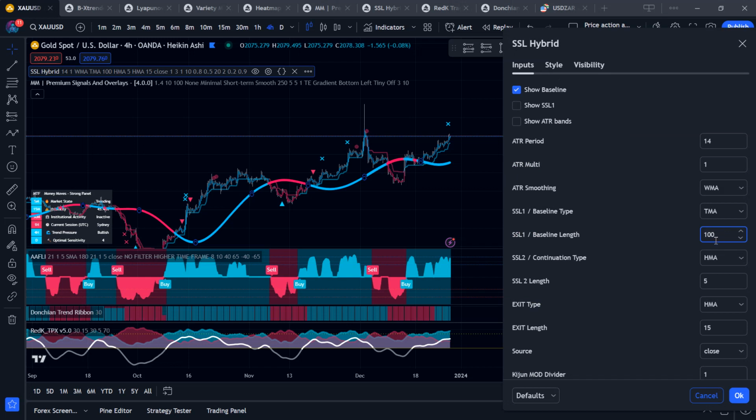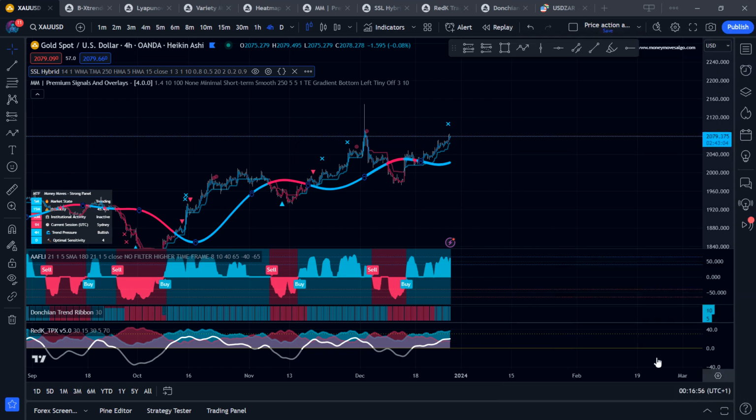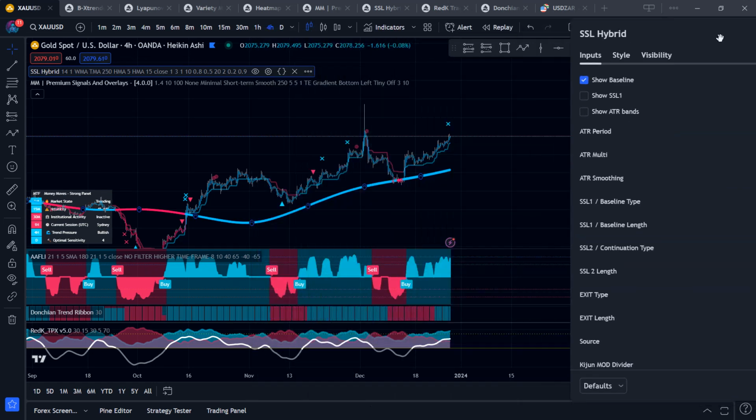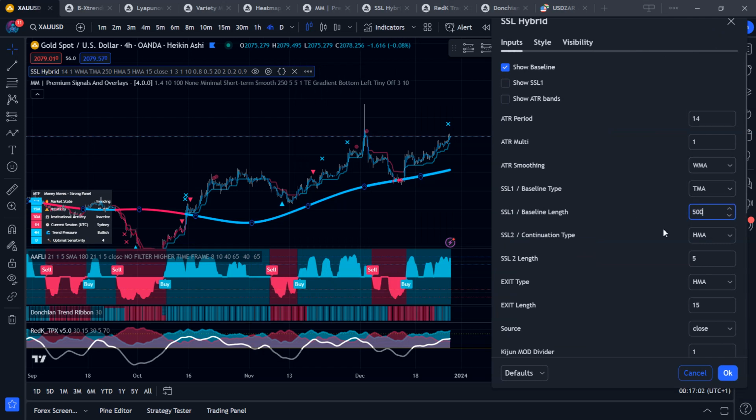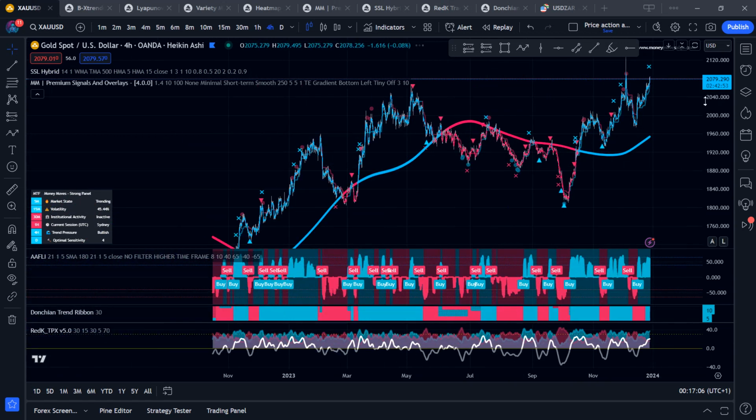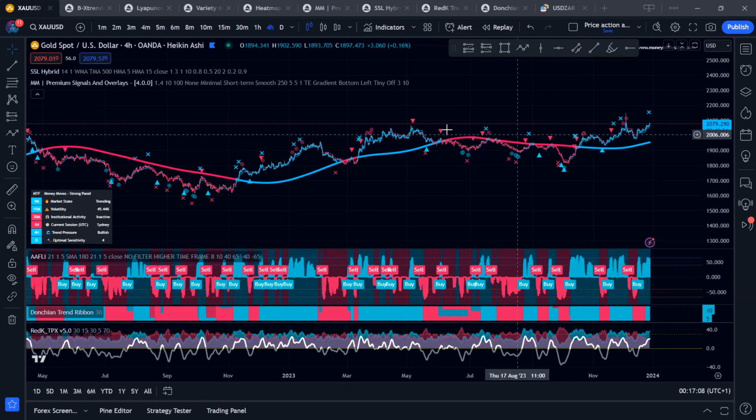And for swing trading, it's 200, 250, and 500 for really strong. As you can see, it shows the full swing trade.